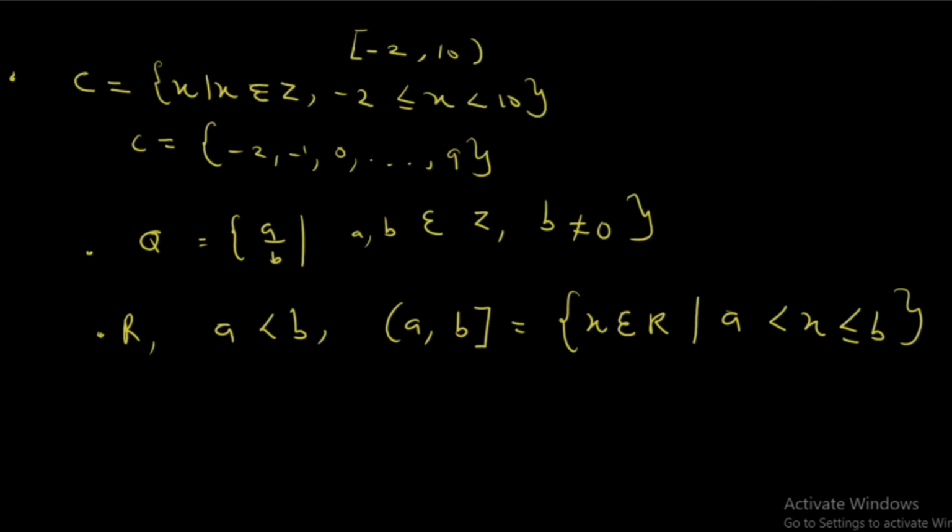Now let's move on to some continuation of the definitions of set. Set A is a subset of set B if every element of A is also an element of B. We write that A is a subset of B if every element of A is also an element of B, where this notation indicates subsets.